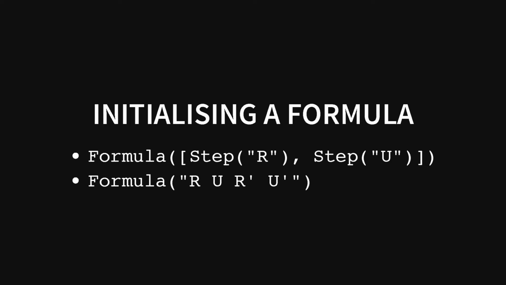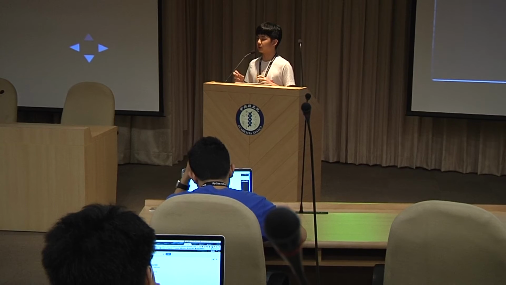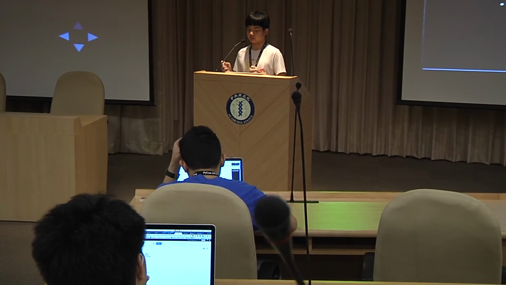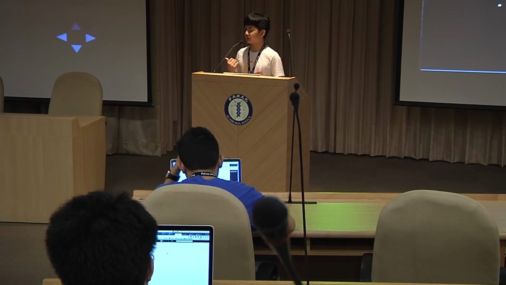The first one is to initialize with a list of steps, which is really straightforward. And the second one is to initialize with a string that contains every step as a string. So that would look like this.